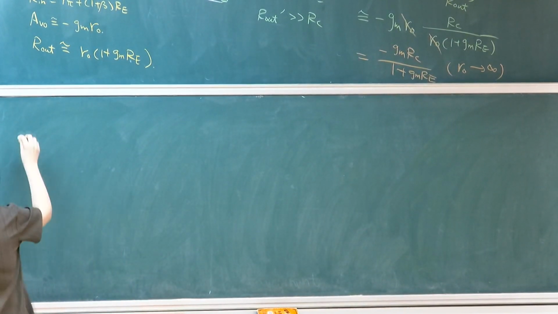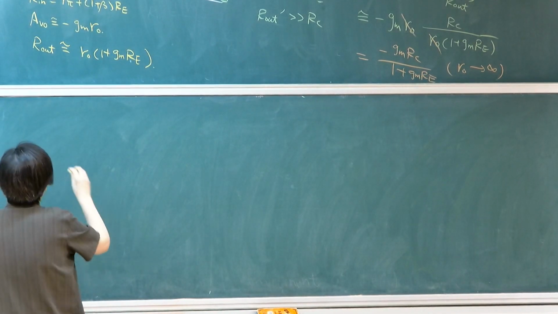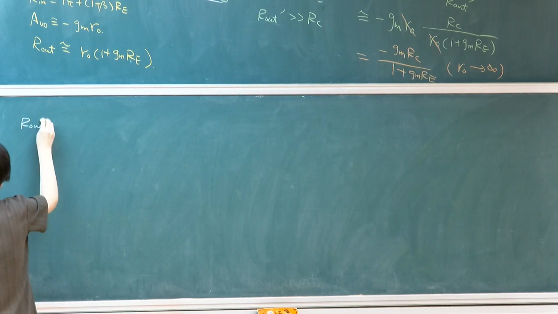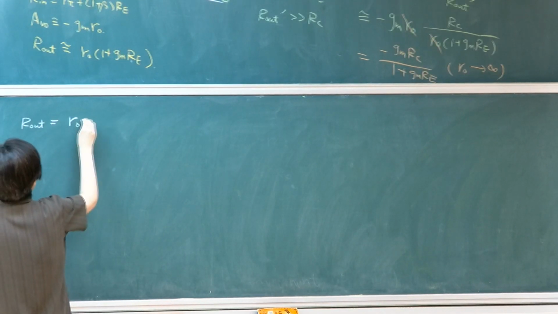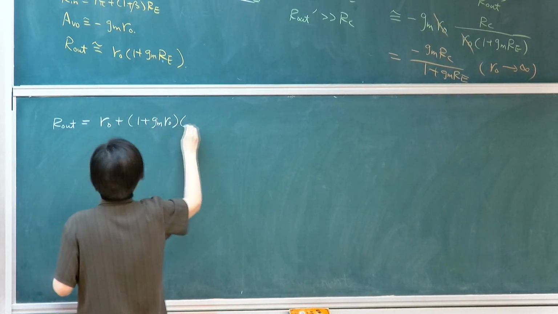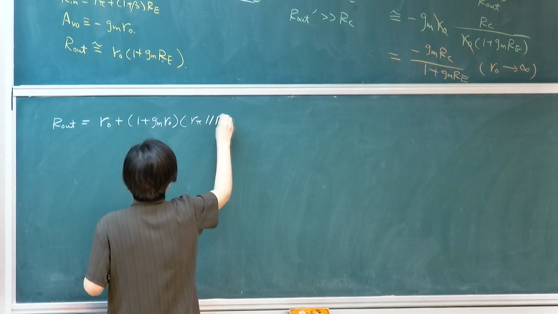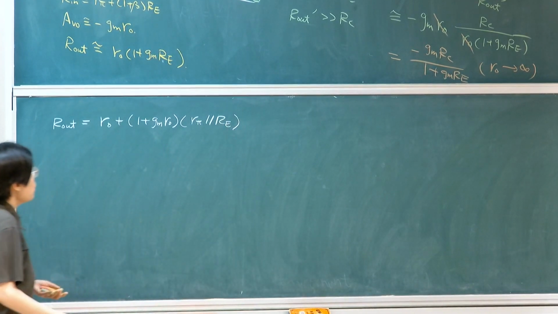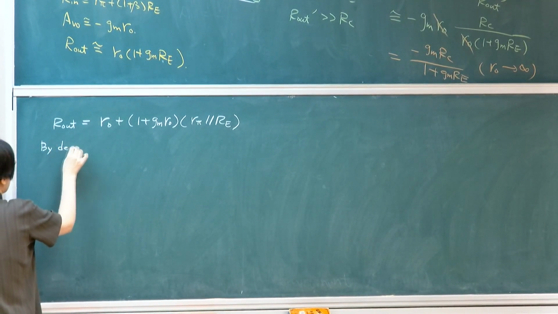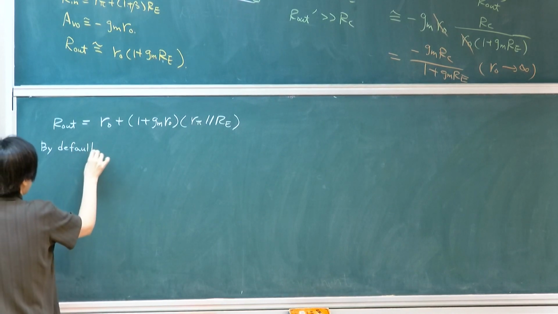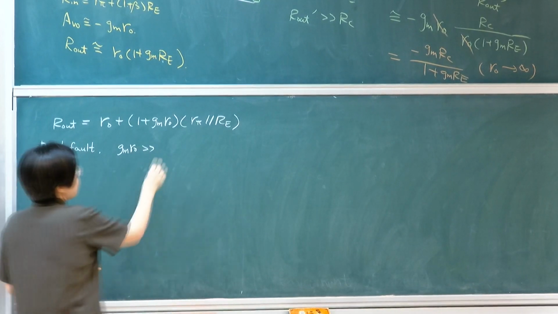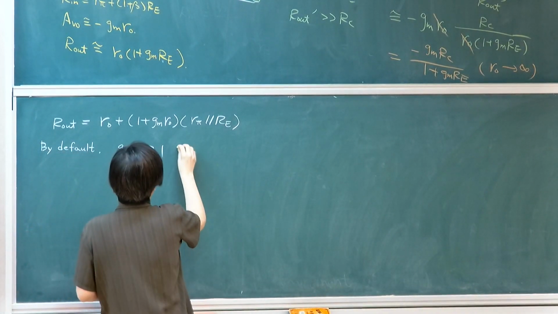So I want to make a small summary at this equation. We'll go back to look at the output resistance equation. The complete equation is this. But typically you're faced with two types of situation. By default, GMRO, meaning that you're using reasonable technology, should be much, much larger than 1.